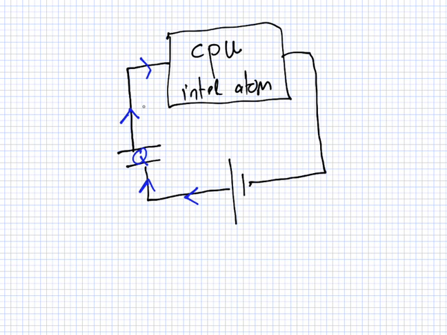Now, this isn't completely true. I'm making my diagram too simple. But the idea is still true, that you can use a capacitor to take the extra charge if you have too much. And likewise, like you said, Ugo, if the battery drops a little bit, the capacitor could release its extra charge.